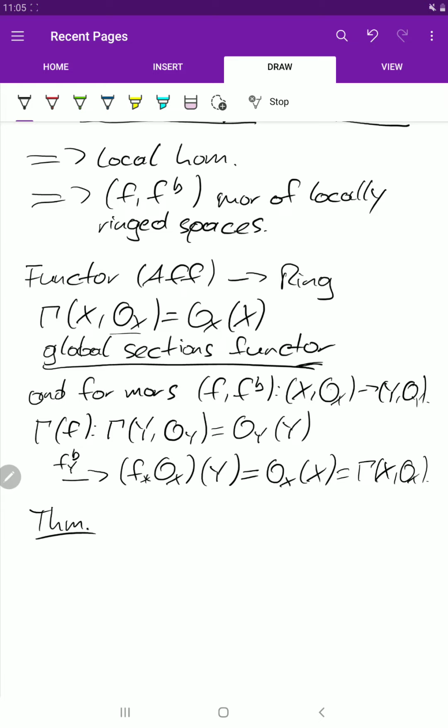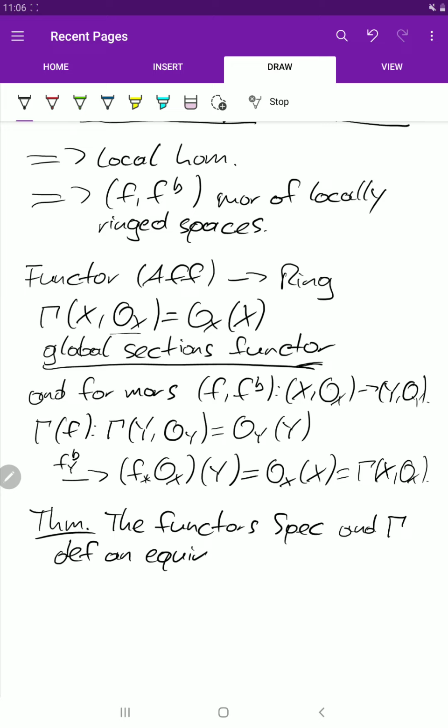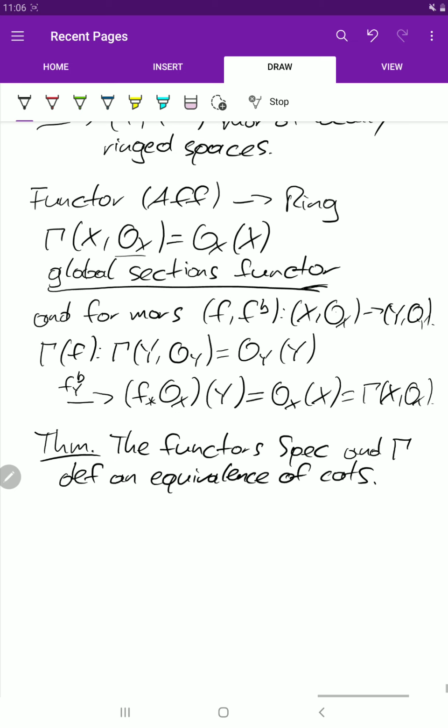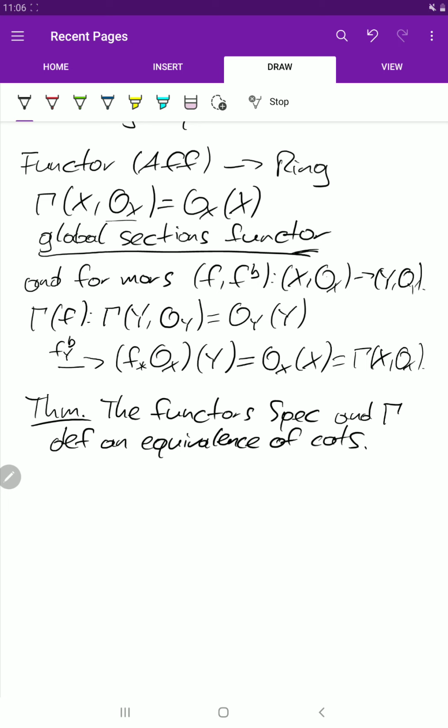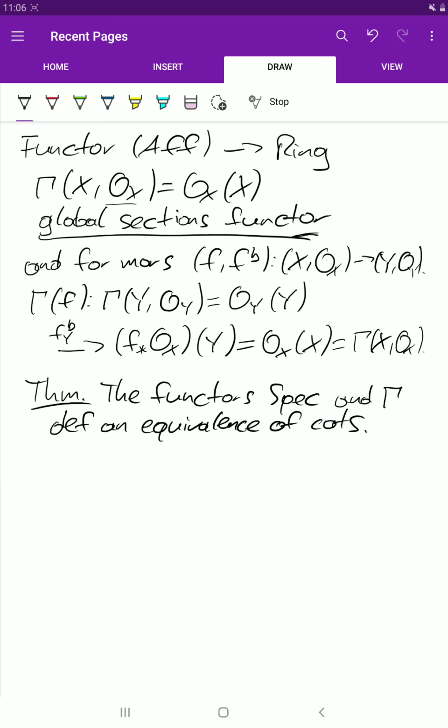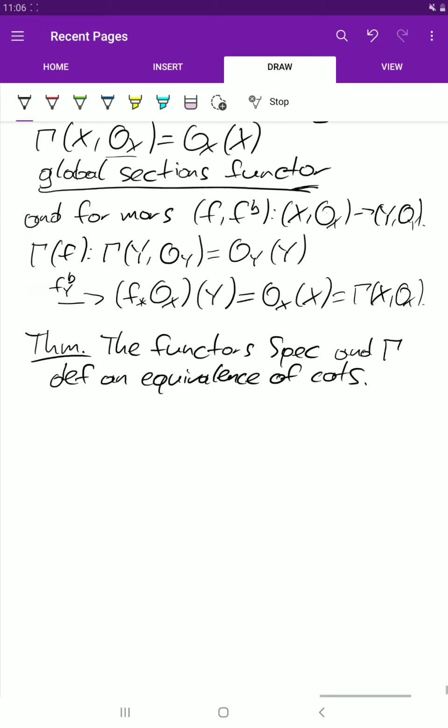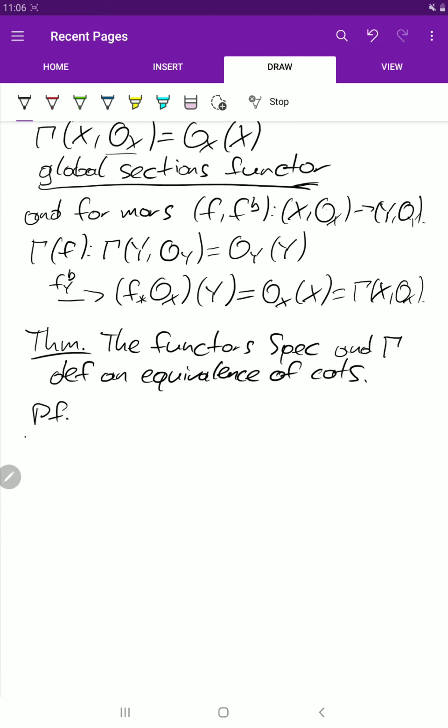And now we have the following theorem, namely the functors Spec and Gamma define an equivalence of categories. Of course this equivalence is contravariant, because the functors are contravariant, but that's nothing to worry about.